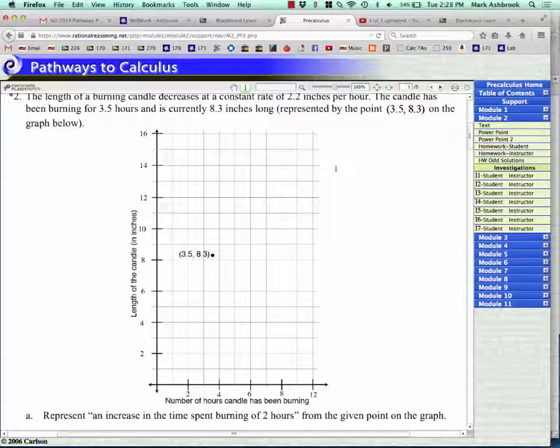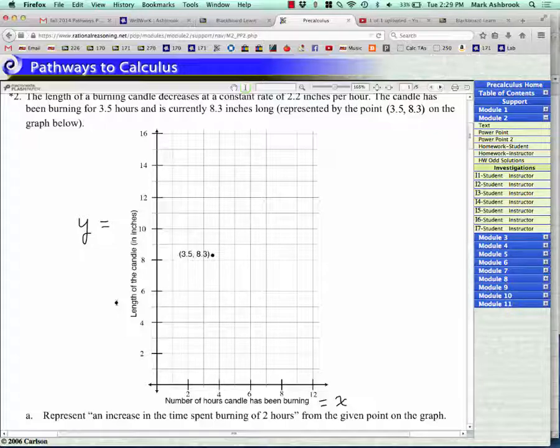The candle has been burning for 3.5 hours and is currently 8.3 inches long, represented by the point 3.5, 8.3 on the graph below. So we've got two quantities already defined for us. Number of hours the candle has been burning meets all the criteria for a good variable, and that's our horizontal axis. We'll stay with convention and say that's our x variable. The length of our candle in inches is a well-defined variable, and that'll be our y, since that's the vertical axis.